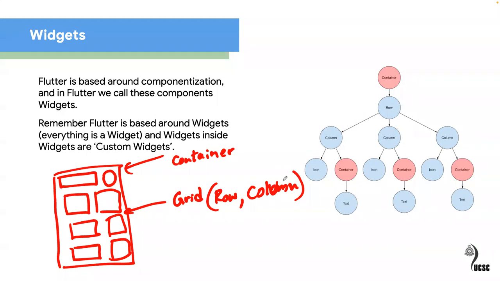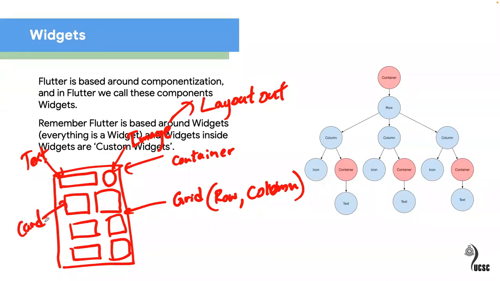Then inside that grid or row or column layout, you can have some text, and an image. When you add the image, there will be some layout widgets as well, where you keep padding and set margins and things like this. So if we consider this as a card, there are different properties we can access, like a text widget and an image widget.